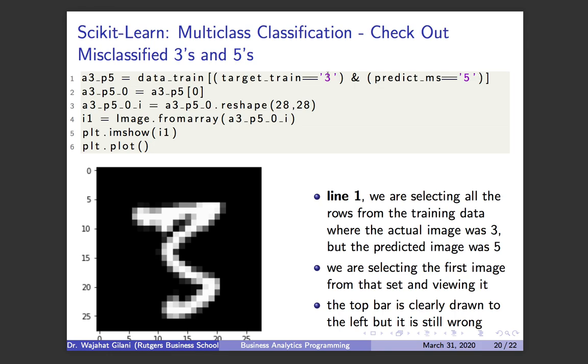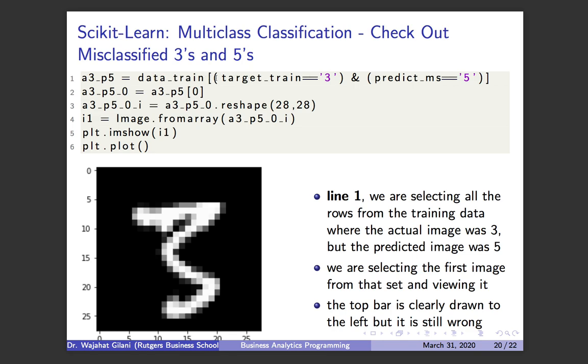You don't see any comma there. I'm simply selecting rows, so this will work. This is saying wherever in data train the row is true and the row is true, give me that data train. It works literally. The first row in target train is looking at the first row of data train, and the first row in predict underscore ms is looking at the first row of data train.